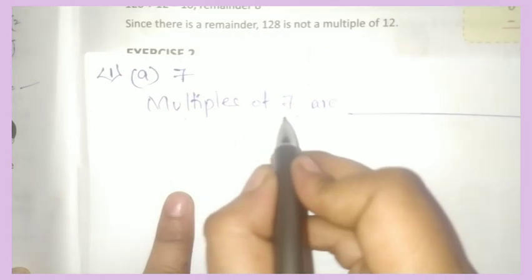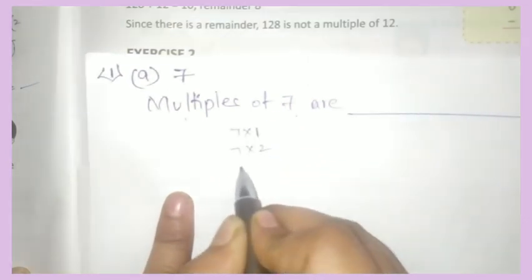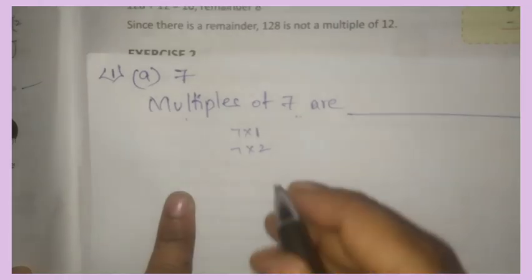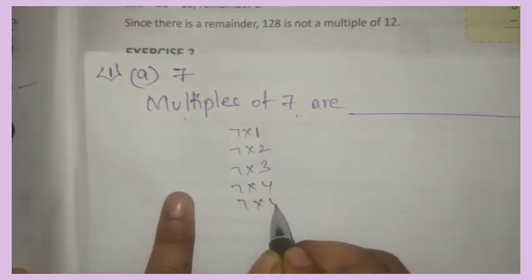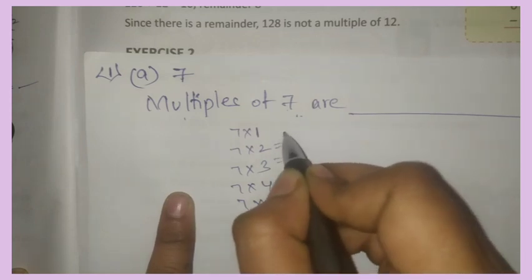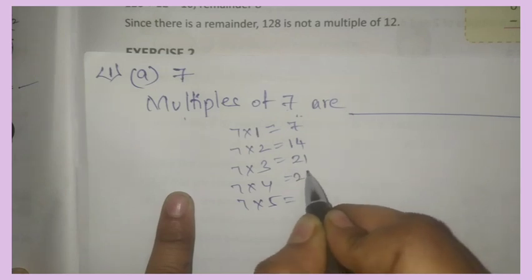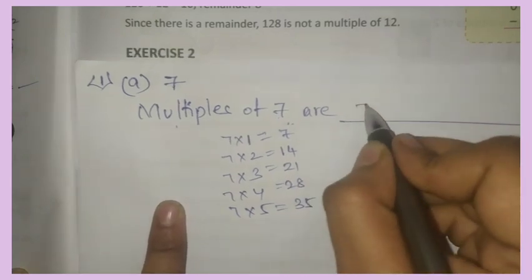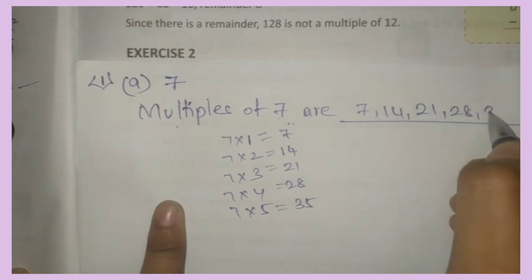So we have to multiply 7 by 1, 7 by 2, 7 by 3, 7 by 4 and 7 by 5. Only the first 5 multiples. 7 1s are 7, 7 2s are 14, 7 3s are 21, 7 4s are 28, 7 5s are 35. These are the first 5 multiples of 7.